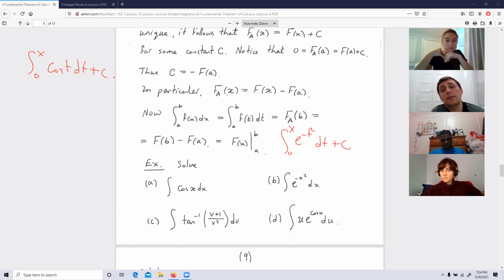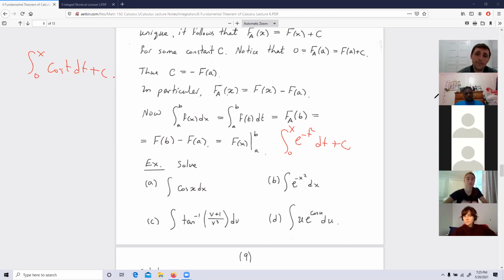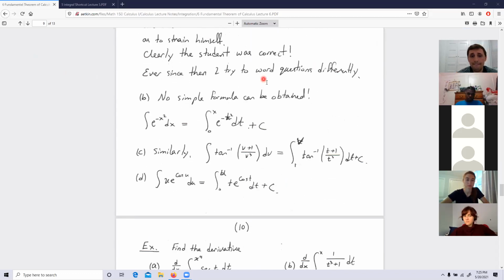If you find one antiderivative, all the others you have also found. So a lot of those equations can be solved this way. You see, I can just do this.